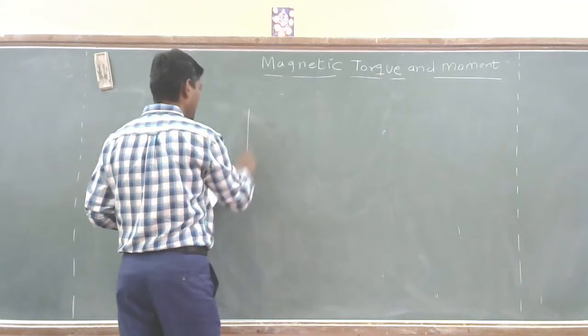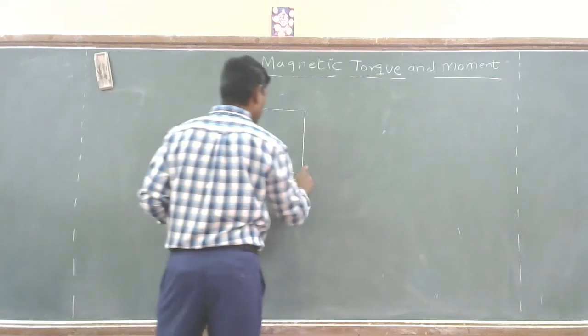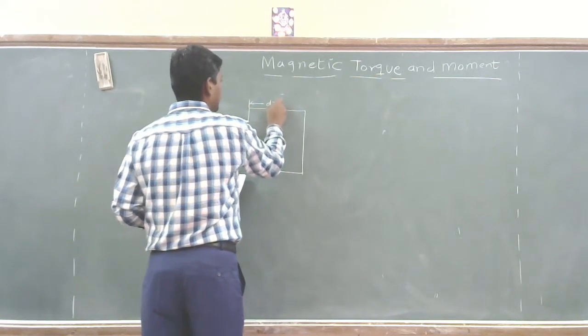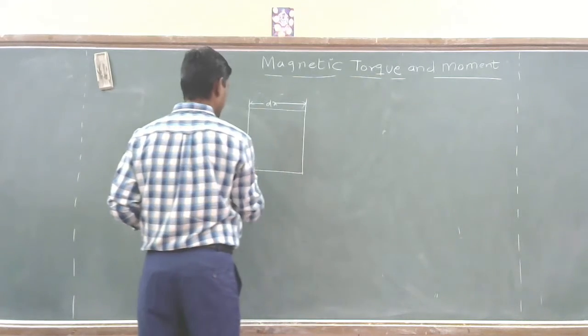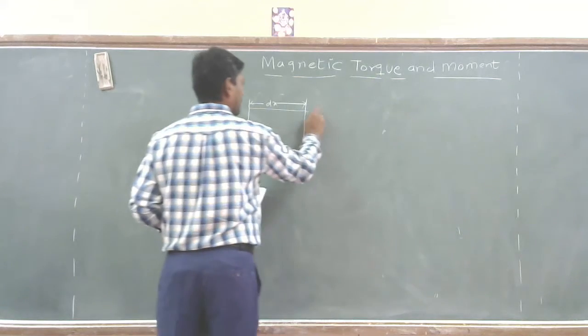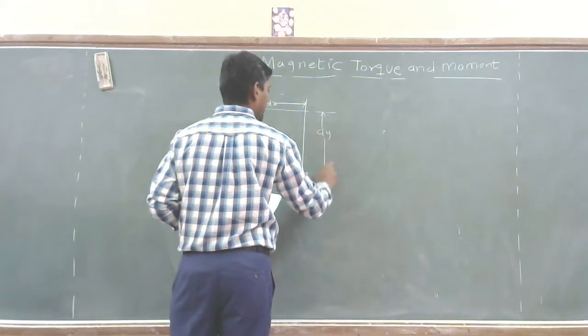So let me consider a differential current loop, with sides dx and dy.